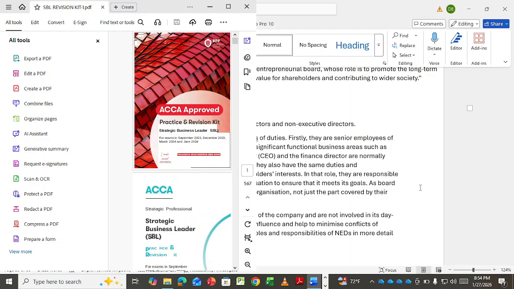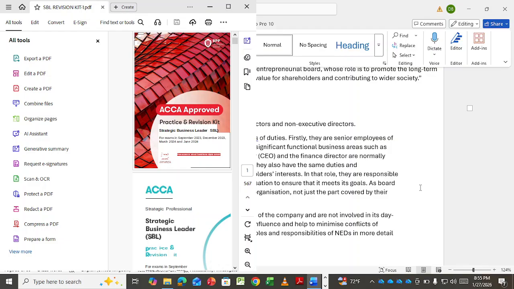Then the non-executive directors, these ones are not employees of the company. They are involved in overseeing or supervision of what the executive directors are doing, if it is in line with what is required of them or not.